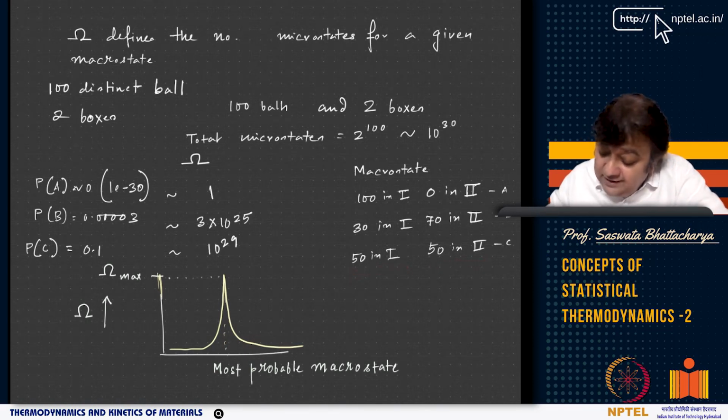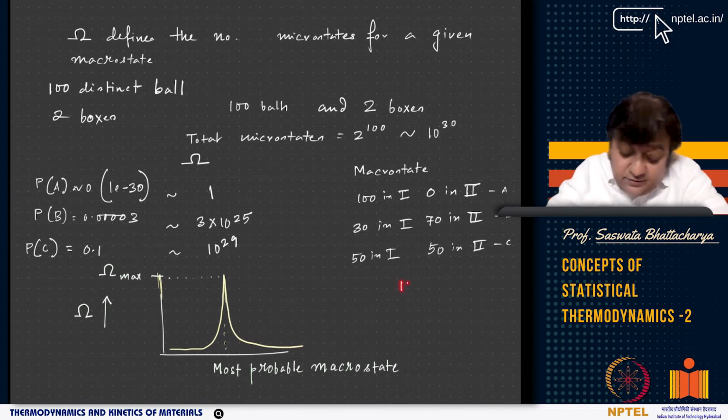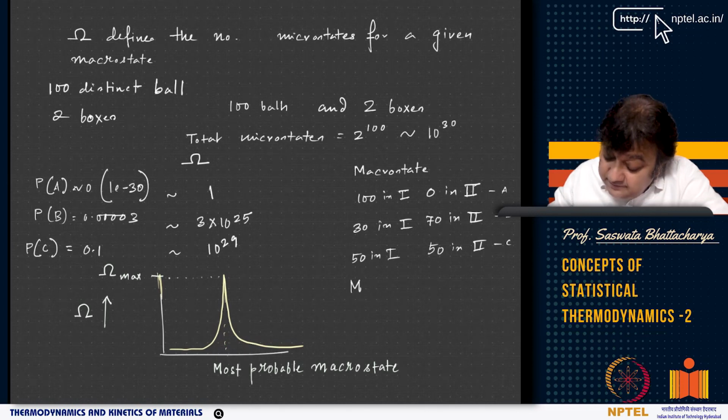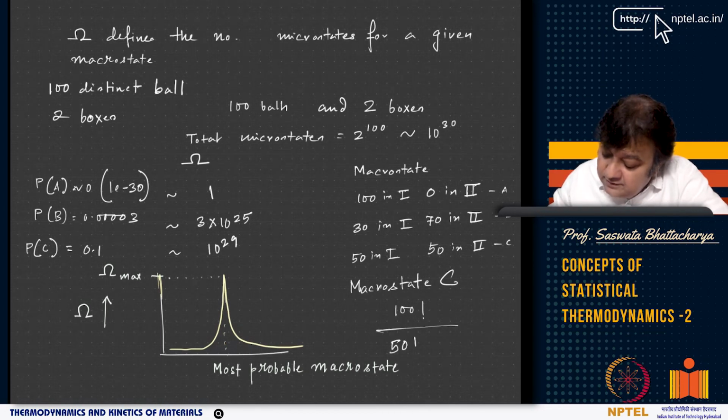the formula is 100 factorial. If I look at macrostate C, how many microstates correspond to it? It will be 100 factorial by 50 factorial, 50 factorial.